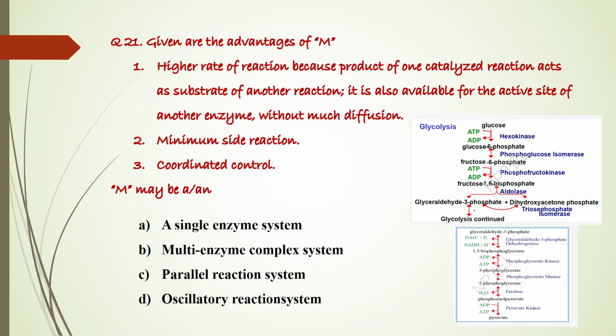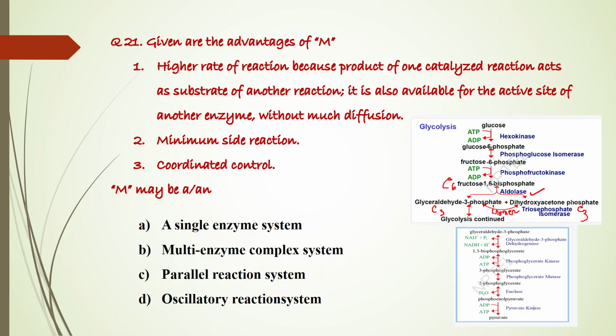Now you know, in case of glycolysis, up to this point we have our 6 carbons. After this, through the action of aldolase, we have now 2 C3 parts. One is glyceraldehyde 3-phosphate and another one is dihydroxyacetone phosphate. Now these two compounds, or these two products, are actually isomers of one another.